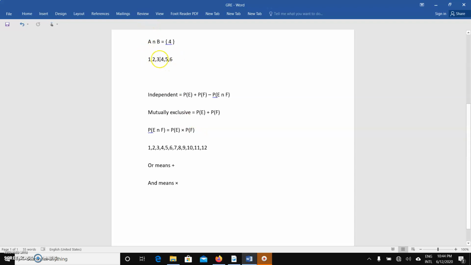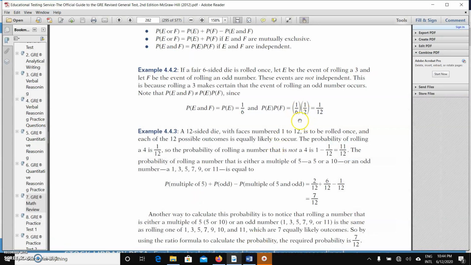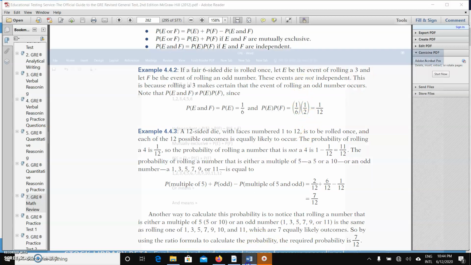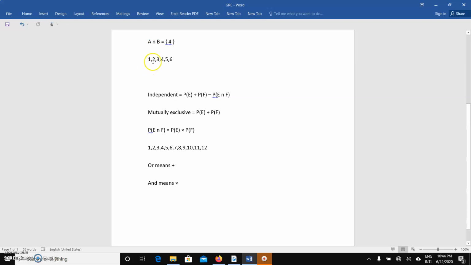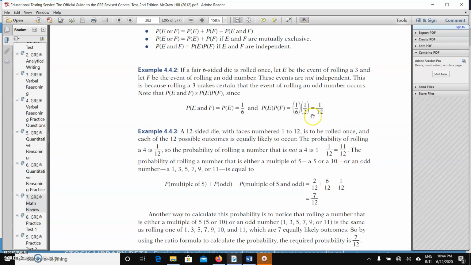In 1 to 6 is just 1, this is 1/6. Now, multiply by the probability for an odd number. This is for the second space here, which is going to be 3/6. Odd numbers, that's 1, 2, 3. That's 3/6, which is the same as 1/2.